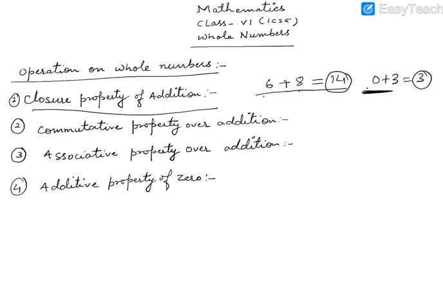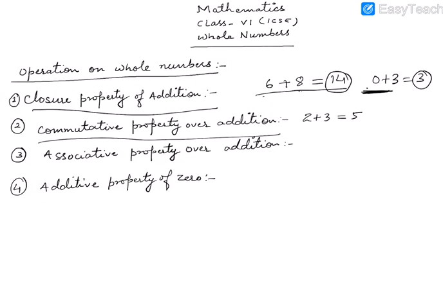The second one is the commutative property over addition. It says that when we add two whole numbers in any sequence, the answer remains the same. Suppose I am writing 2 plus 3, it gives 5.